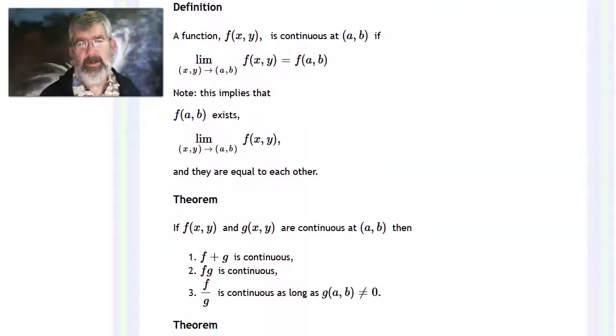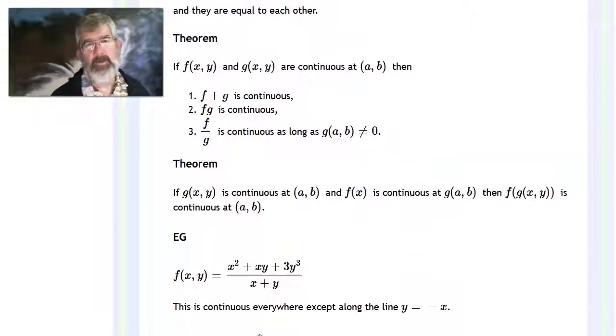A couple of theorems here. As we had with functions of one variable, if you've got functions of two variables and they're both continuous at the point (a,b), then when you add them, that resulting function will still be continuous at the point (a,b). If you multiply the two functions together, then that new function will be continuous at the point (a,b).